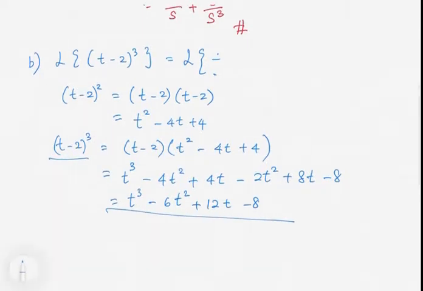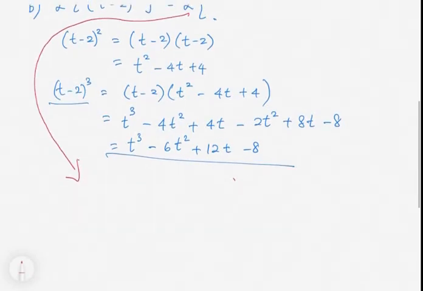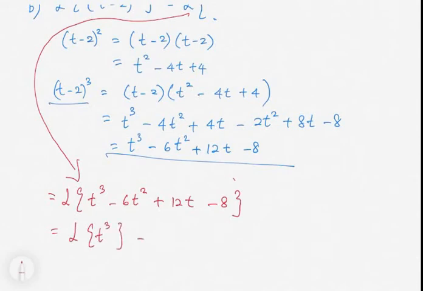So okay, you can substitute in. This part I write it here. So it's equivalent to the Laplace transform of t power of 3 minus 6t squared plus 12t minus 8. So it's the Laplace transform of t power of 3, minus 6 times the Laplace transform of t power of 2, plus 12 times the Laplace transform of t, minus the Laplace transform of 8.